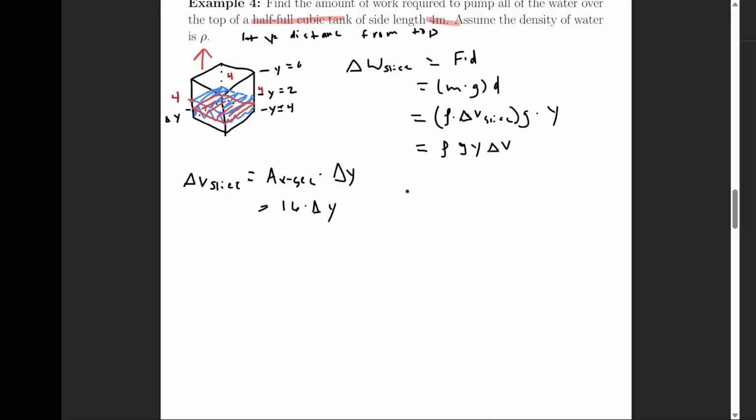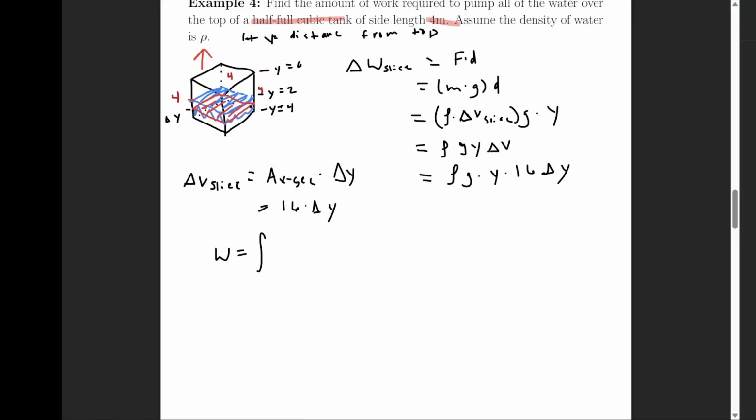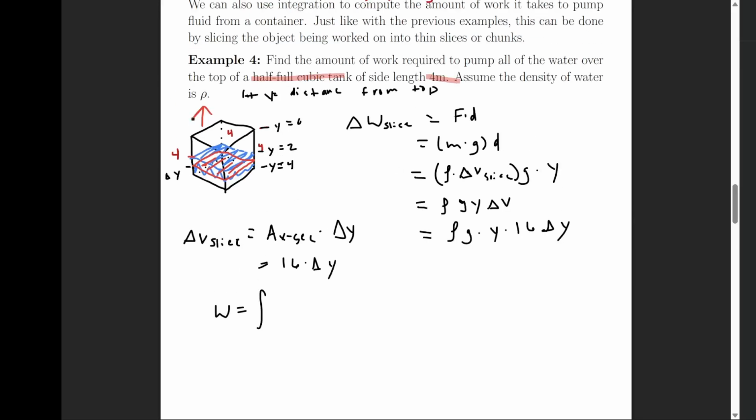Okay, so then we can plug that into this: density times gravity times y times 16 delta y, and now we can integrate it. I'll write it down here. Work equals integral. Okay, so now what's a and what's b? I'll give you something to think about. This is our tank.